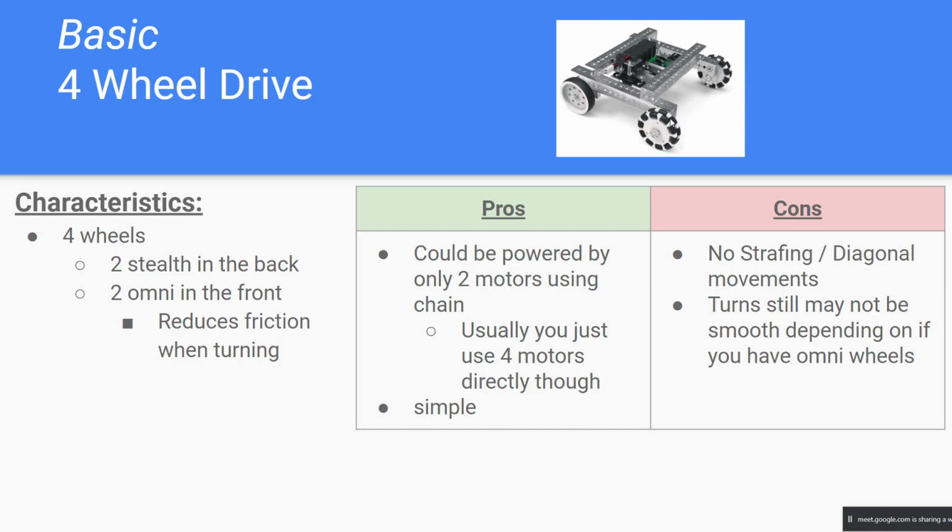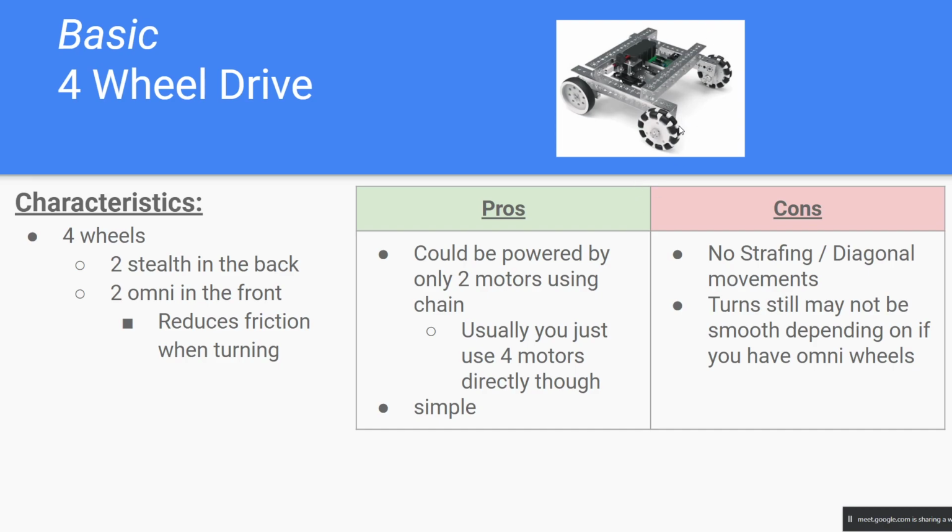This lets it slide better. The reason there are Omni wheels in the front is it makes your turning more smooth. Because if you just had 2 stealth wheels, turning could sometimes skip, or your robot will vibrate, or it just gets funky when you don't have rollers on the front wheels.